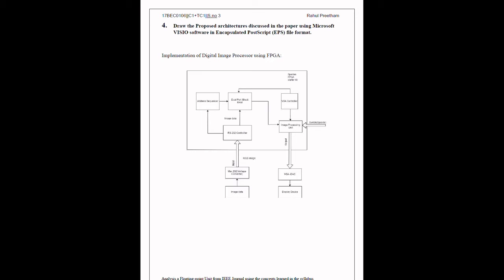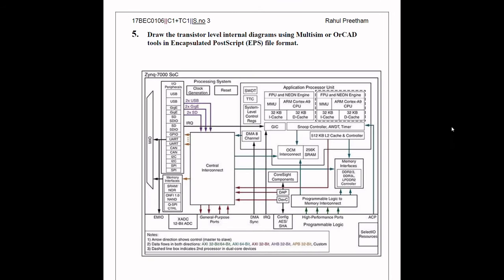Here you can see the implementation of the FPGA in the form of a block diagram. The OP code is given here and the image is taken from the ports here and the output will get generated. Here you can see the transistor level block diagram for the given image processing system. This diagram is done in the EPS file format and implemented in Multisim.